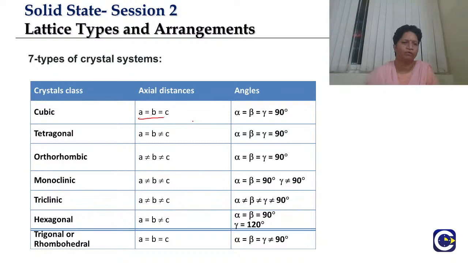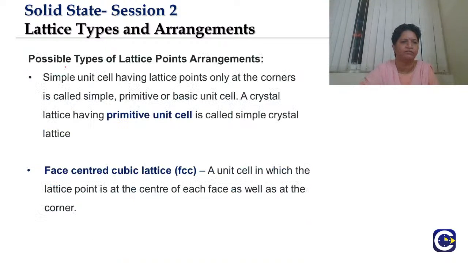Sometimes we also go with what is called the edge lengths, and we also go with the relations between the angles alpha, beta, and gamma. So depending on the edge lengths and the angles, we have how many types of crystal systems? 7 types of crystal systems.